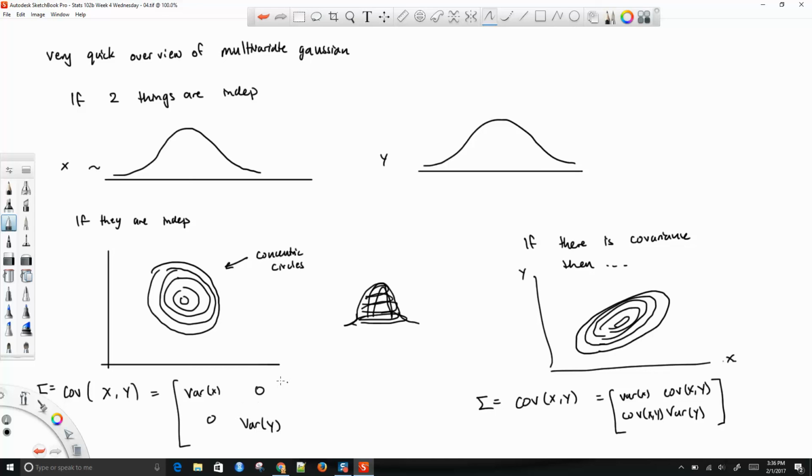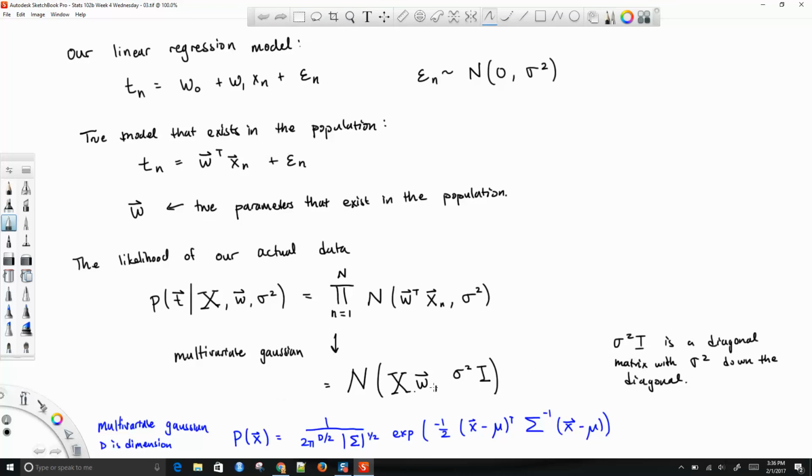So all of our observations are independent, and there's no covariance between our observations, and so our variance-covariance matrix is just the diagonal matrix with sigma squared running down the diagonal, because all observations are independent of each other.